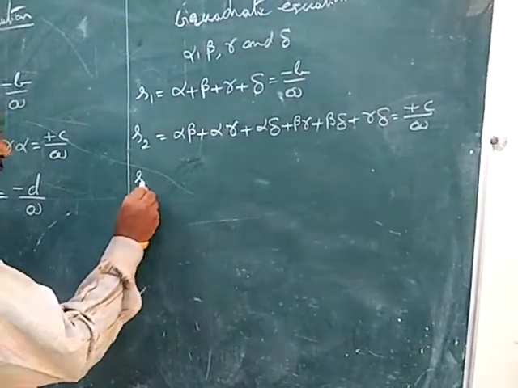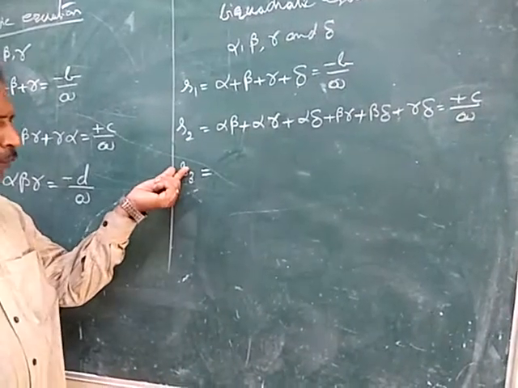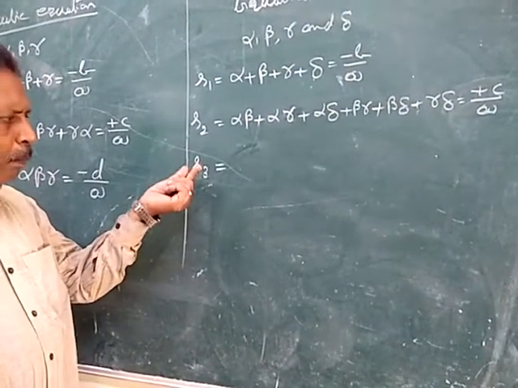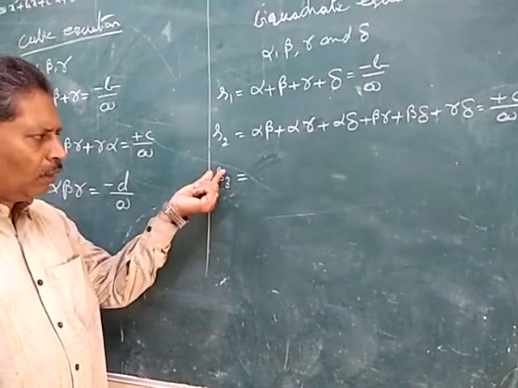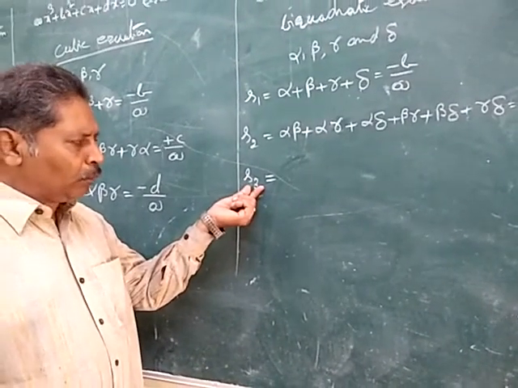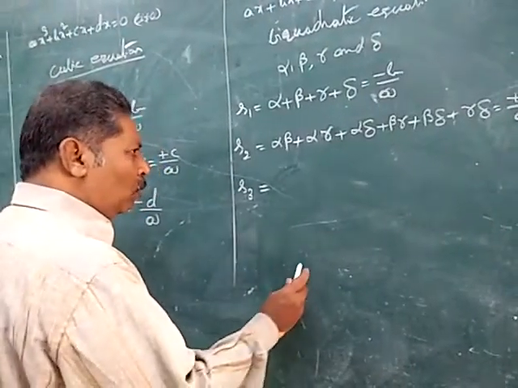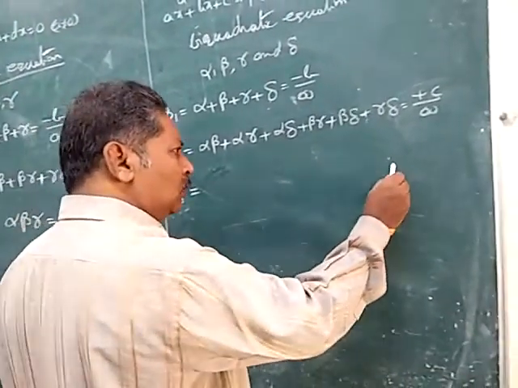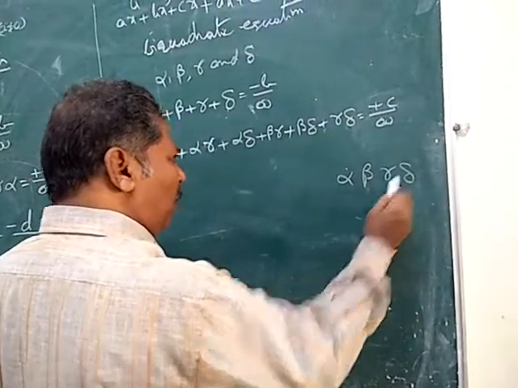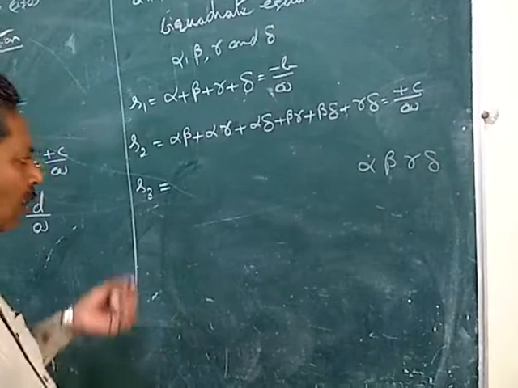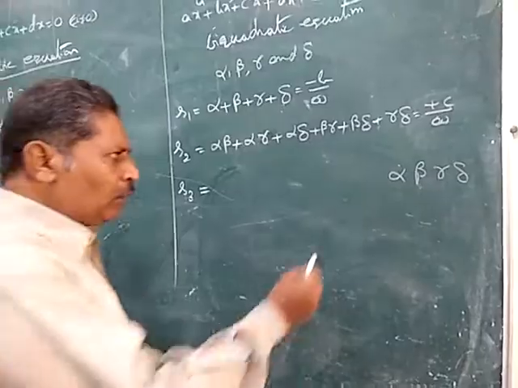Next, S3, the sum of the product of the three roots taken at a time. We have 4 roots alpha, beta, gamma and delta taken 3 at a time.